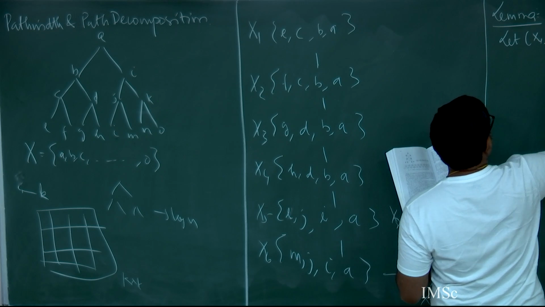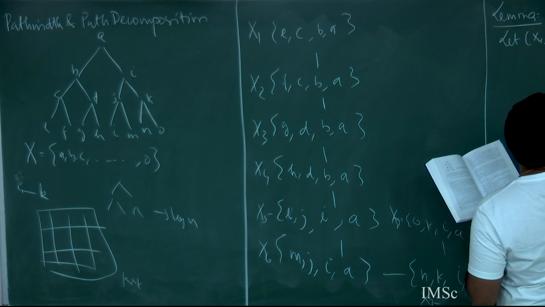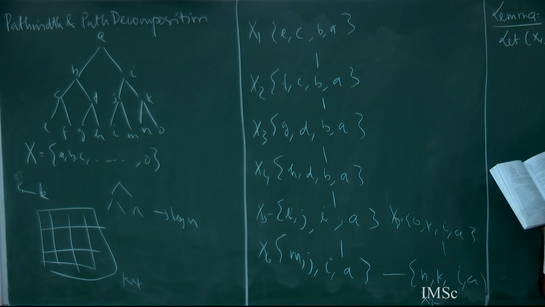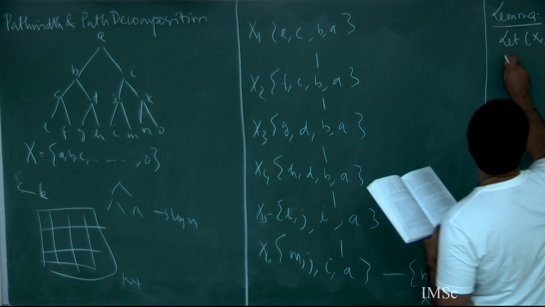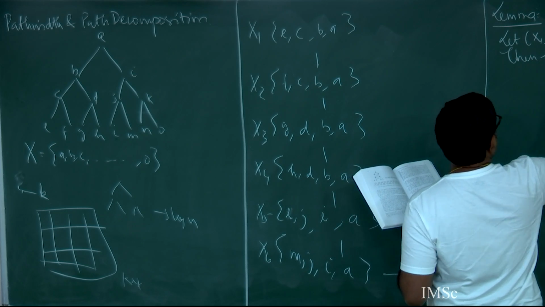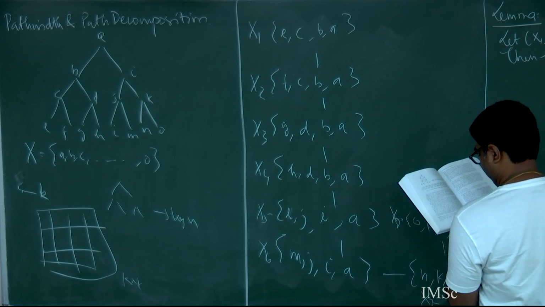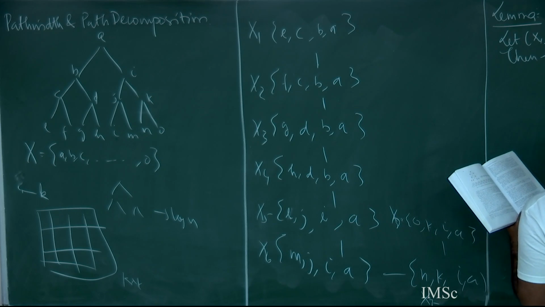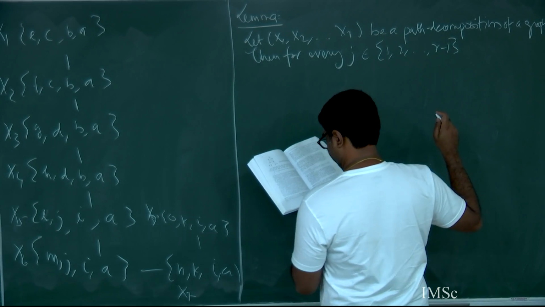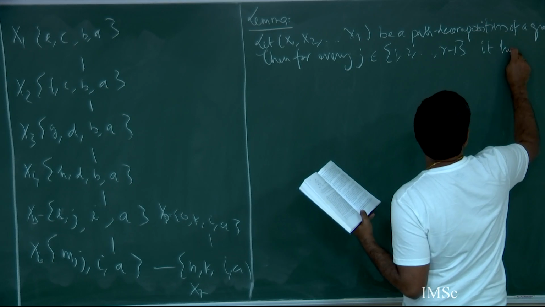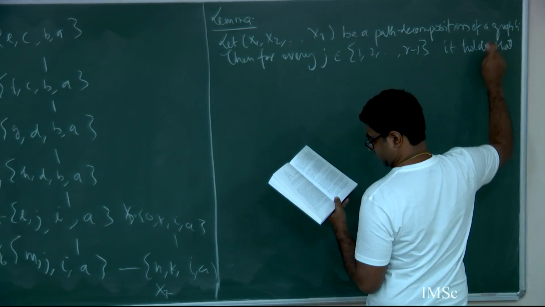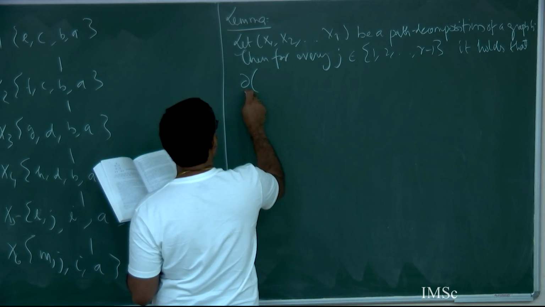Let X1, X2, ..., Xr be a path decomposition of a graph G. Then for every j in 1 to r minus 1, it holds that I'll define what this symbol means.